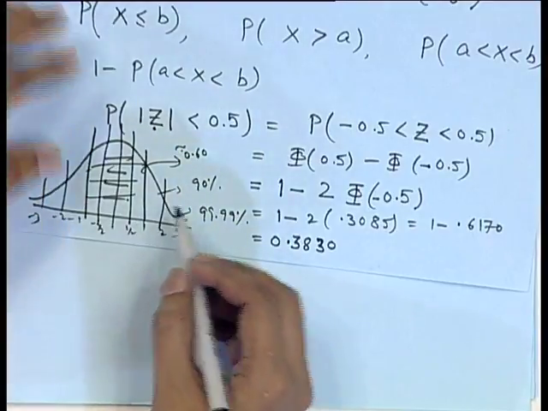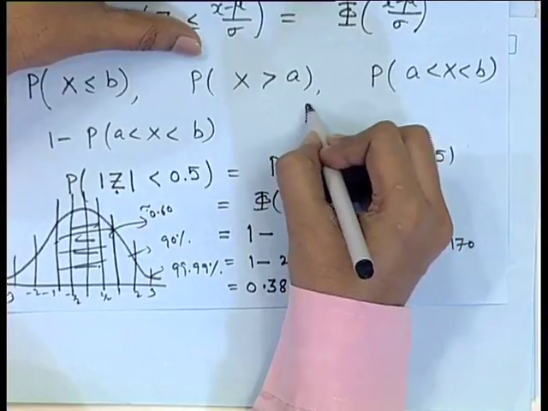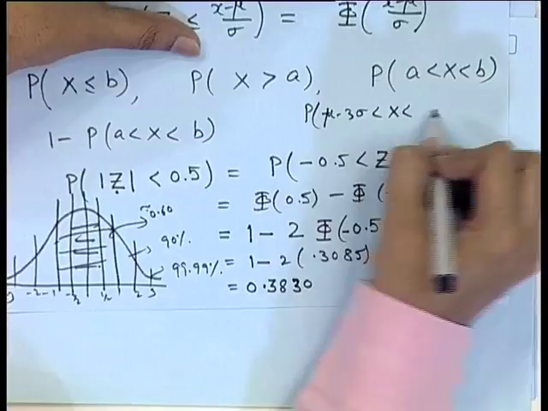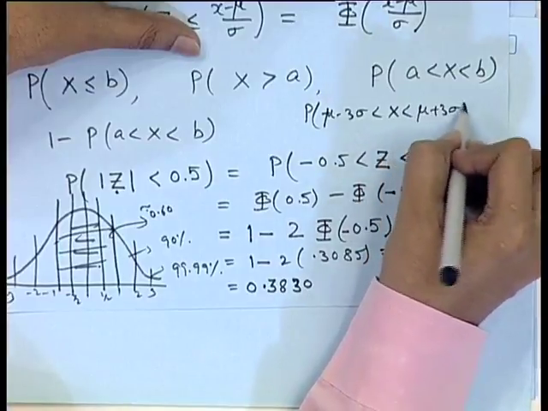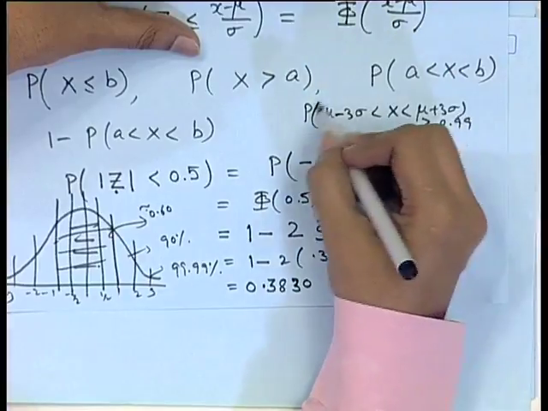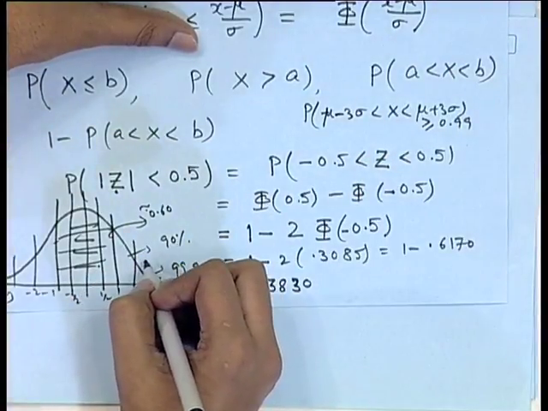So, in terms of mu and sigma, this means that mu minus 3 sigma less than x less than mu plus 3 sigma has probability greater than 0.99. These are known as 3 sigma limits. Then minus 2 to 2 is called 2 sigma limits.